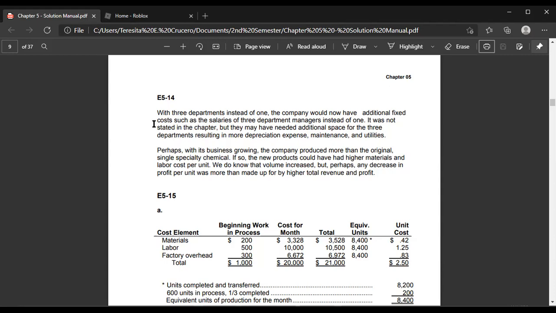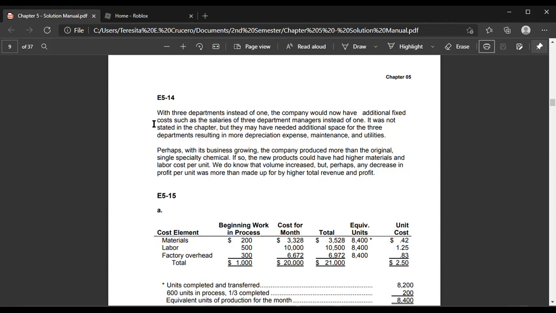Now, we have the cost in the mixing and in the blending, and the cost during the month. And we have the cost received from mixing, and we have now the cost in blending. So the requirements: A, determine the unit cost for the month in blending. B, determine the total cost of the products transferred to the finished goods.